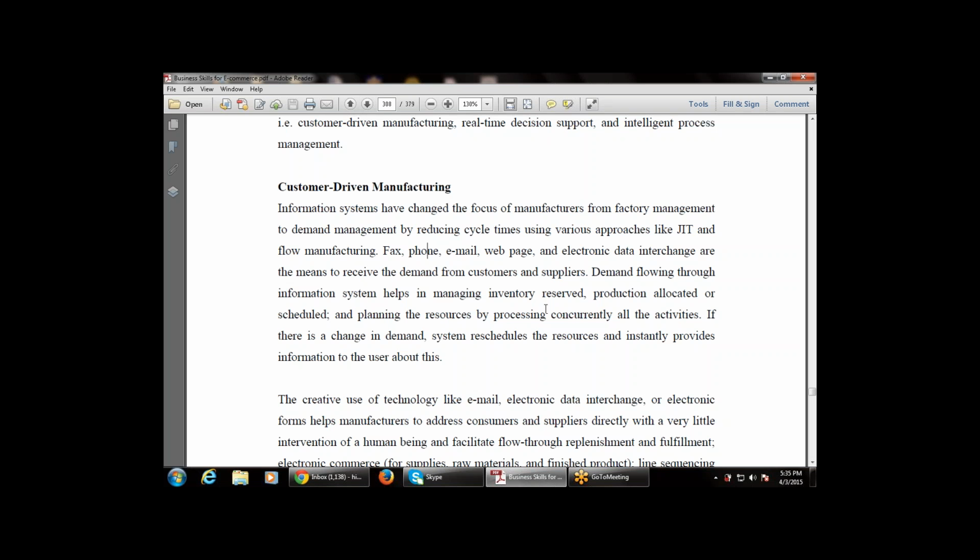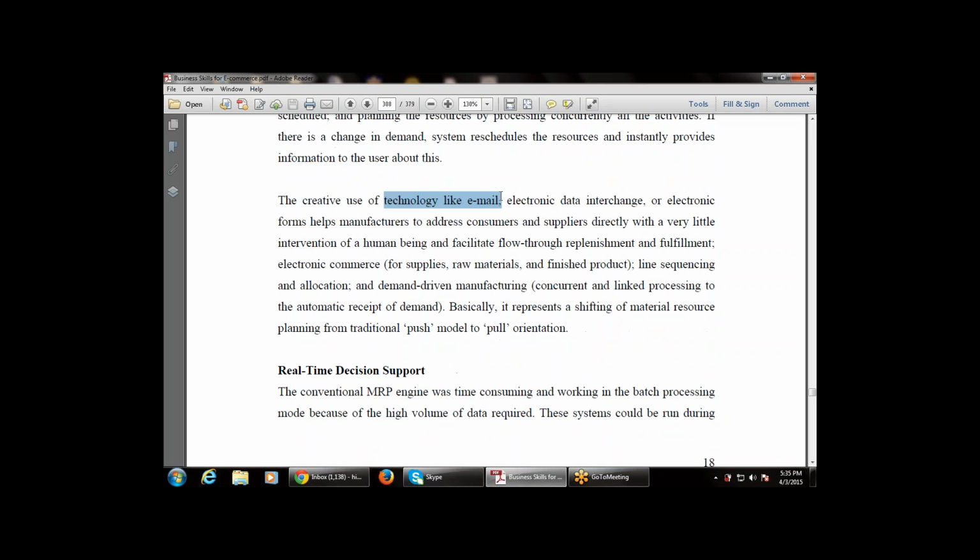So every piece of information must be updated to the customers with the help of the internet. The creative use of technology like email and EDI, that is electronic data interchange, or electronic forms, helps manufacturers address the customer and supplier directly, without human intervention, and facilitates flow-through replenishment and fulfillment.